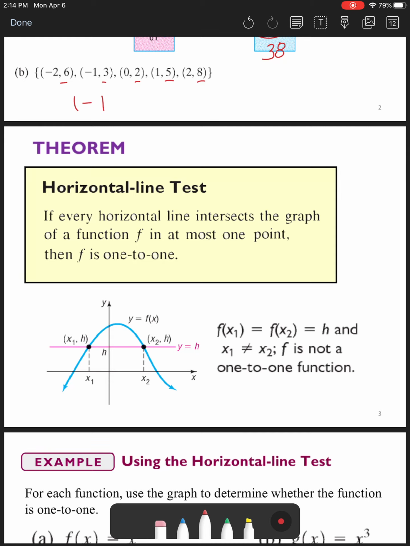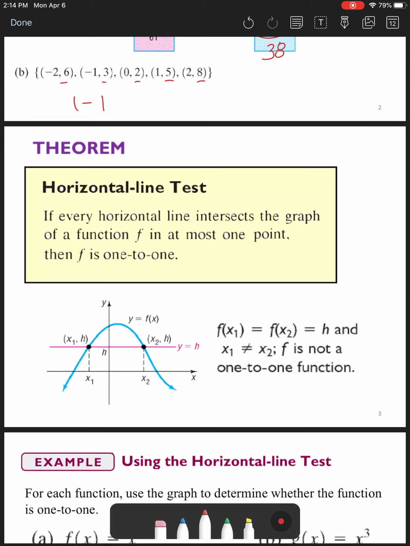Then let's say you wanted to determine if a graph represents a one-to-one function. The horizontal line test says if every horizontal line intersects the graph of a function f at most one point, then that function is one-to-one.